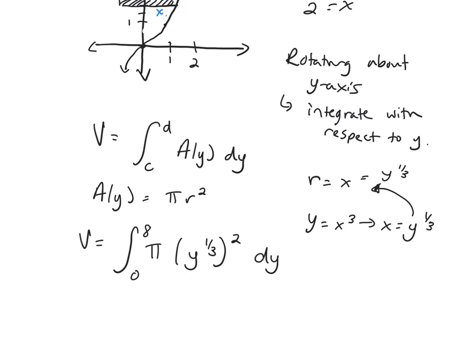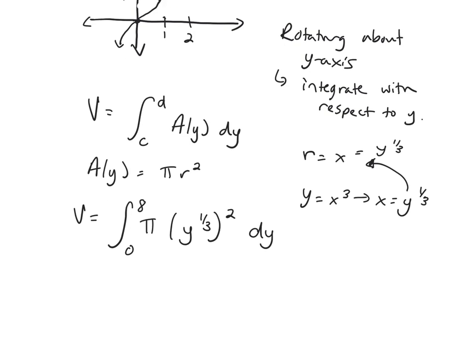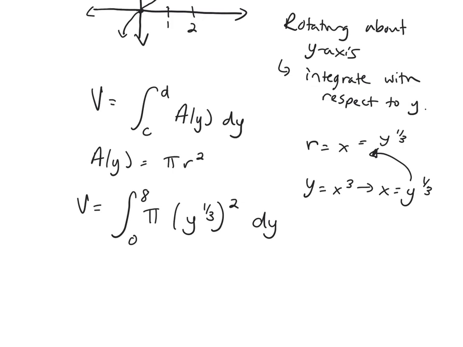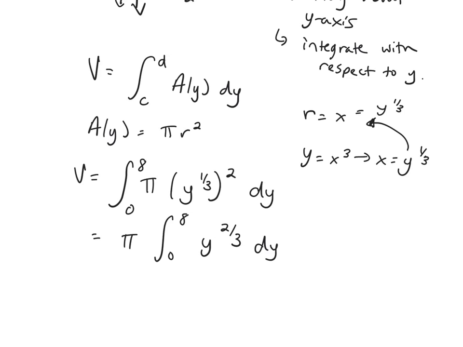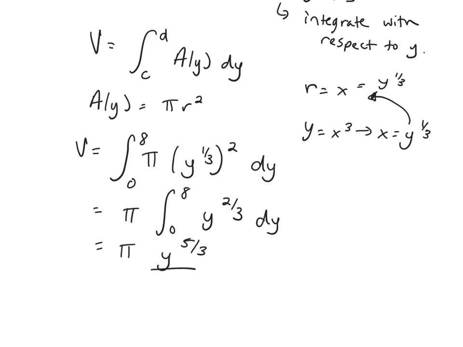And then after you set up the integral, you just need to integrate. The difficulty really comes from setting these up, and after you set them up, it shouldn't be too difficult to integrate. This is y to the 2/3, and then do your reverse power rule where you add 1 to the power. So it looks like pi y to the 5/3 over 5/3.